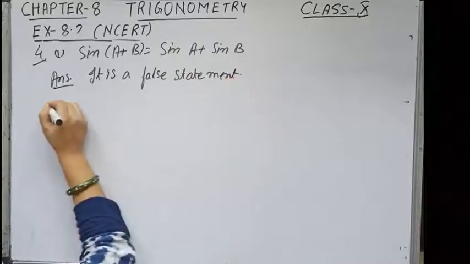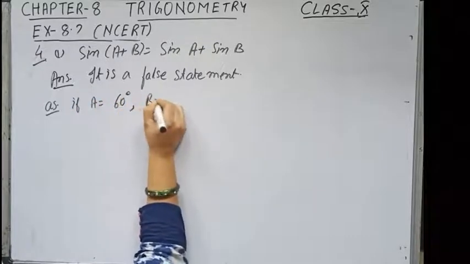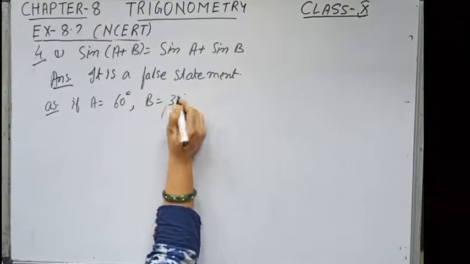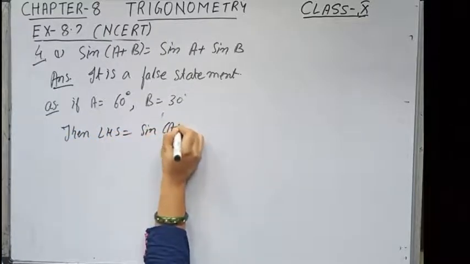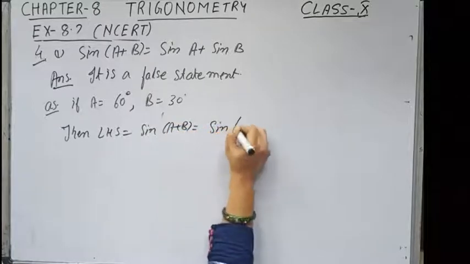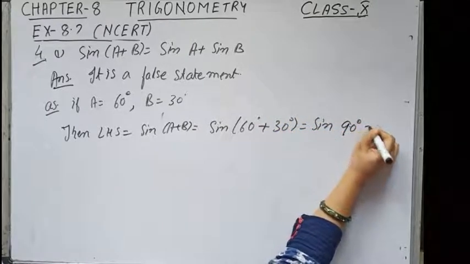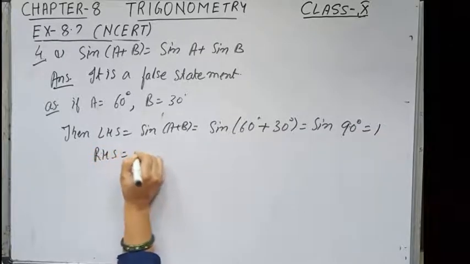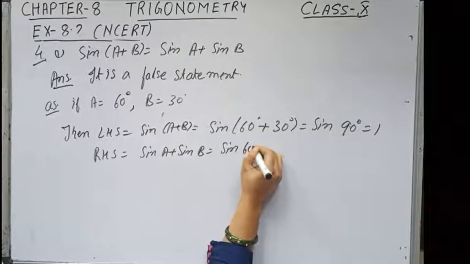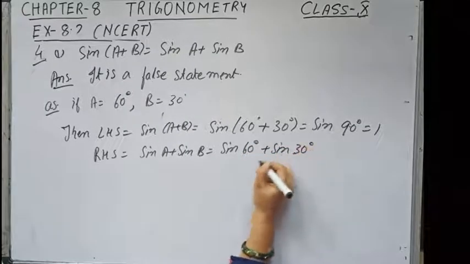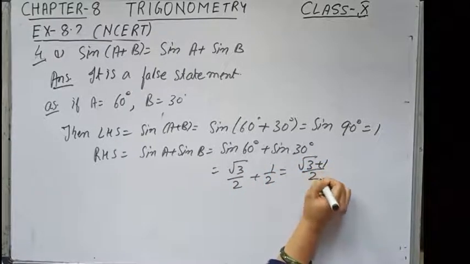False statement, as if angle A equals to anything whatever you wish, write 60 degree, and angle B equals to 30 degree, then LHS equals to sine of A plus B equals to sine of 60 degree plus 30 degree equals to sine of 90 degree equals to 1, and RHS equals to sine of A plus sine of B equals to sine of 60 degree plus sine of 30 degree equals to root 3 by 2 plus 1 by 2 equals to root 3 plus 1 by 2.